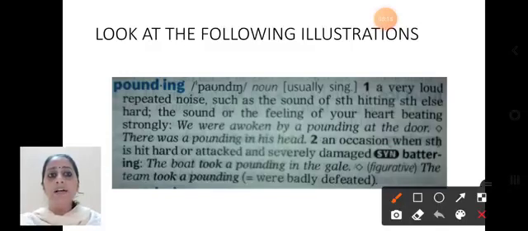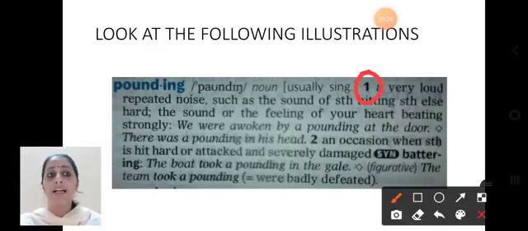A very loud repeated sound, such as the sound of something hitting something else hard. The sound or the feeling of your heart beating strongly. So this number 1, can you see? That's the first meaning.